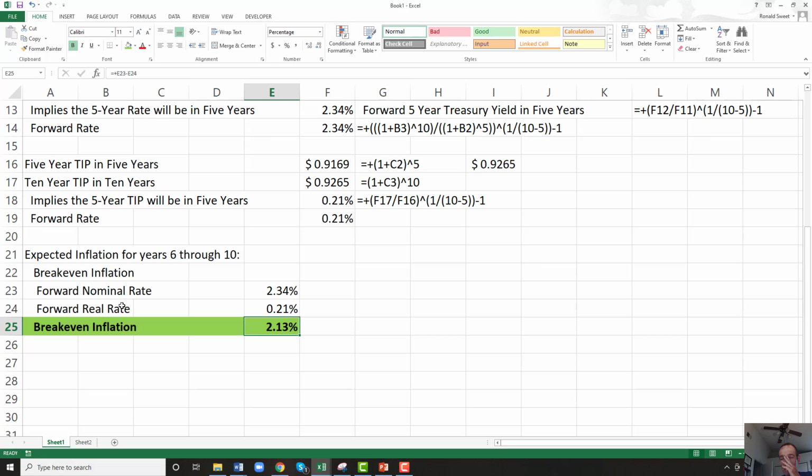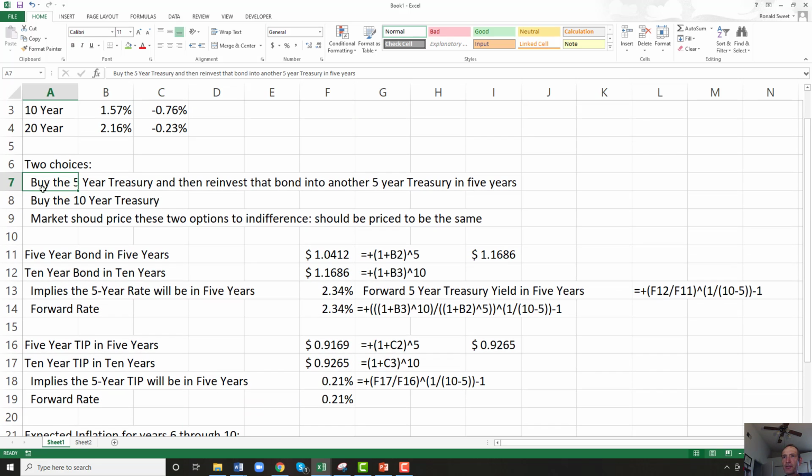Now, one thing he said, there might be a risk premium. So that was his argument. So yeah, the bond market thinks inflation will be 2.13. However, buying the nominal bonds, buying the 5-year Treasury or the 10-year Treasury, since this is nominal, those are fixed yields. You can get those yields no matter what inflation does.